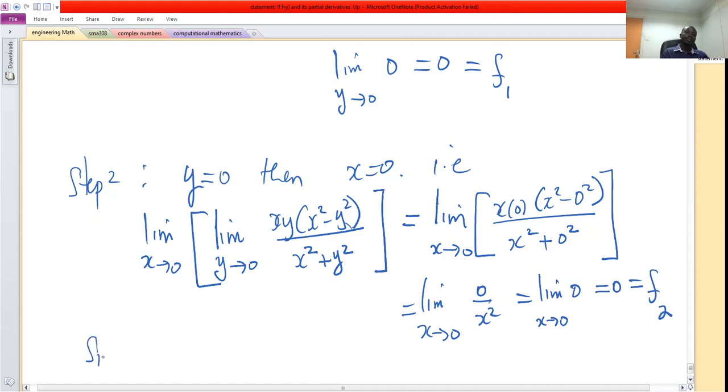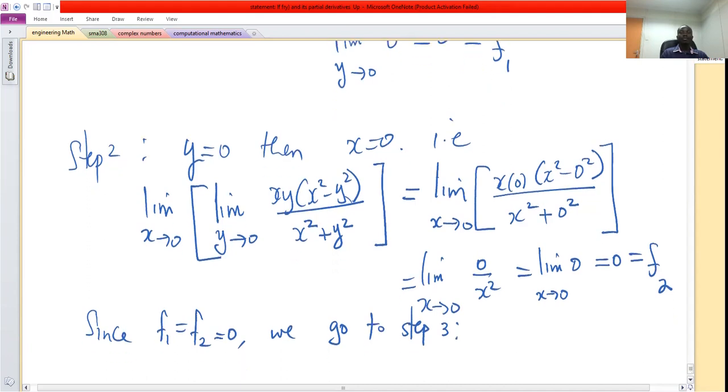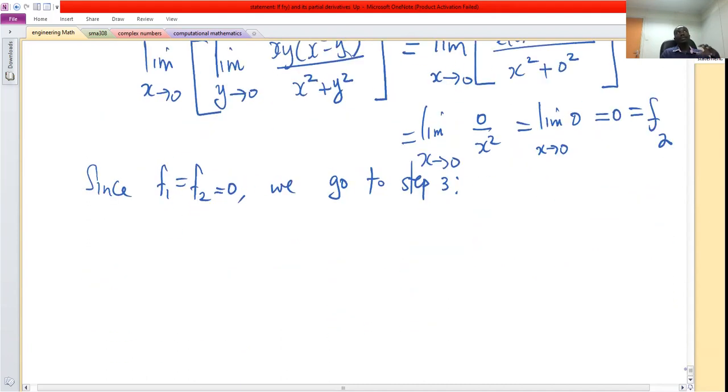Now, since f1 equals f2 equals 0, we go to step 3. Step 3 is when you replace y with mx, so approaching the origin through the line y equals mx. So step 3, put y equals mx and then find the limit.